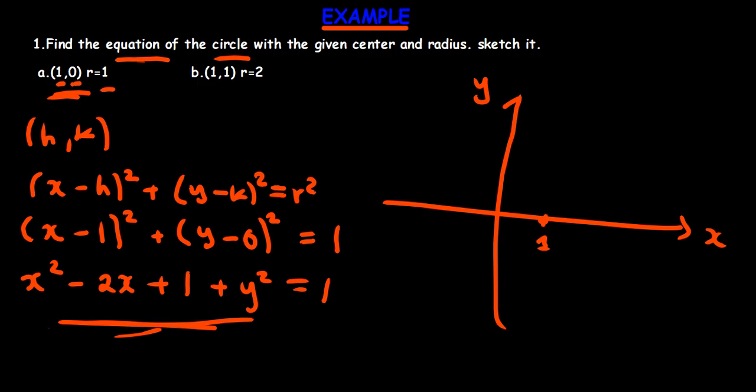At any point I move, up or to the side, the distance will be 1. If I move to this side, I will land where 2 is, because the radius is 1. And here it will be where 0 is, where -1 is, and where 1 is.